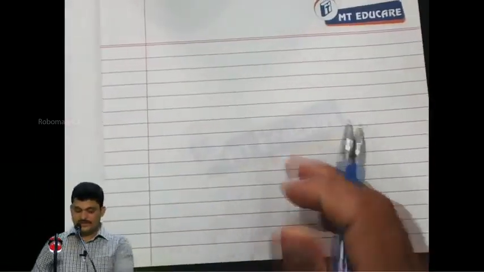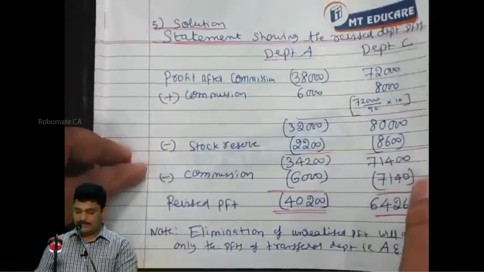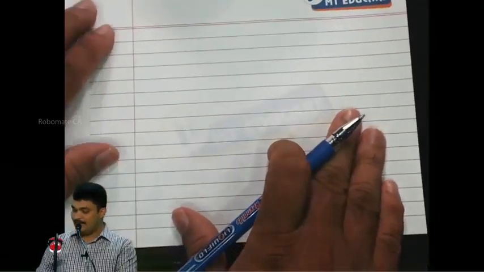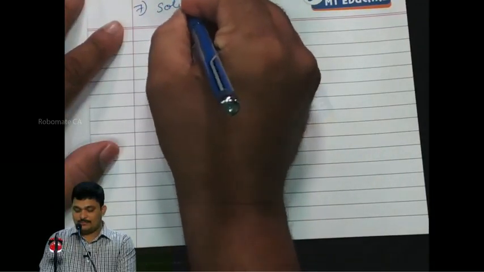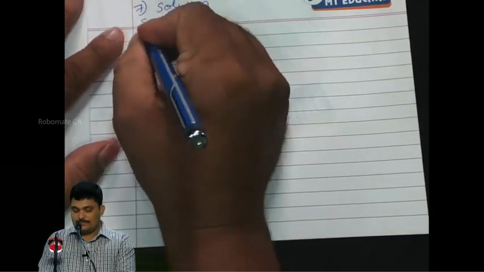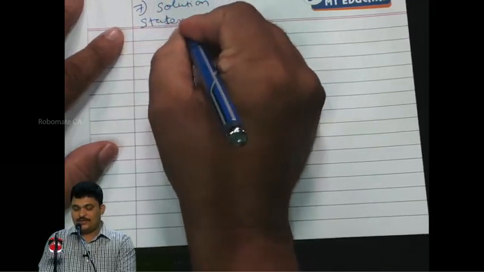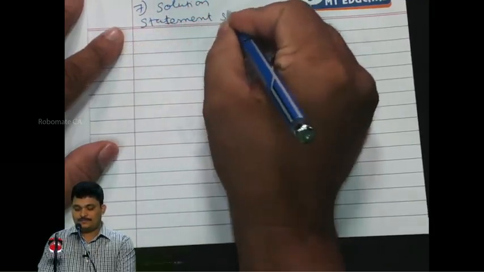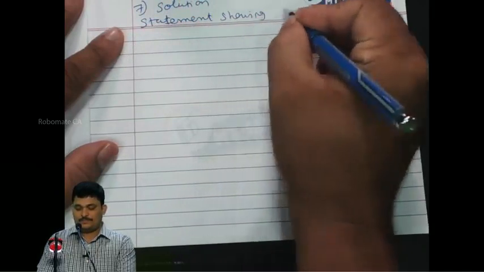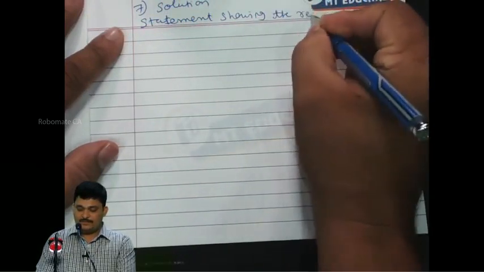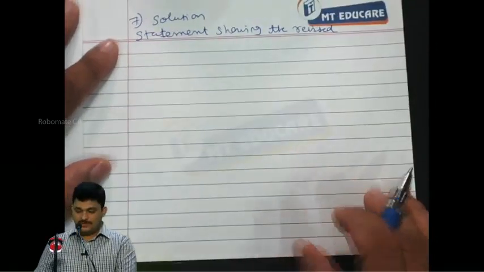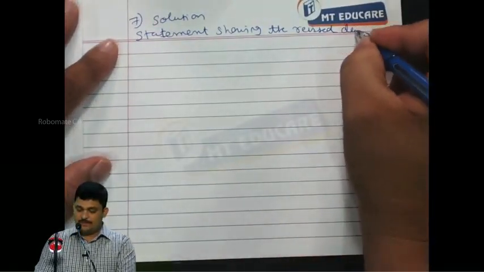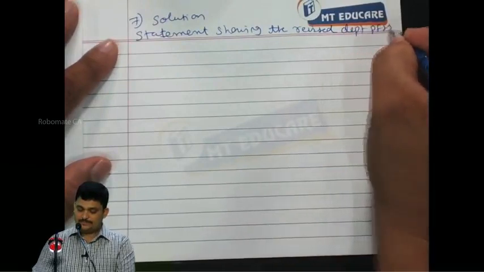Now let us arrive at the statement. Statement showing the revised department profits. Question number 7. Solution. Statement showing the revised department profits.